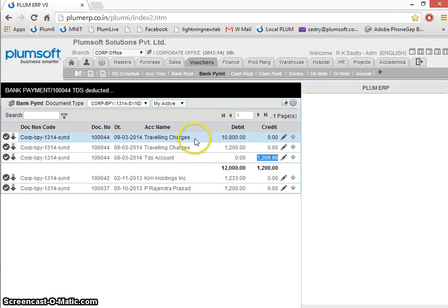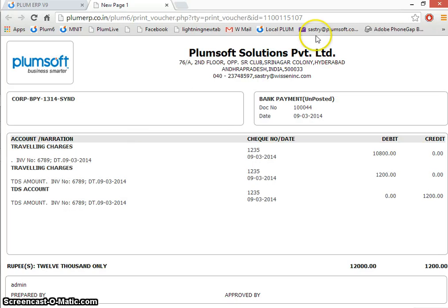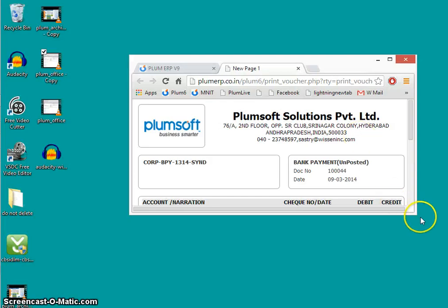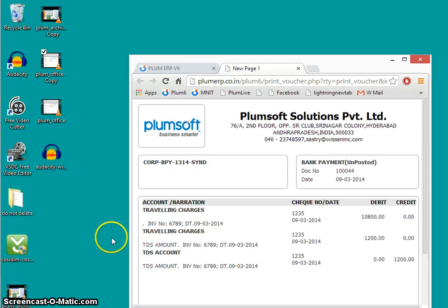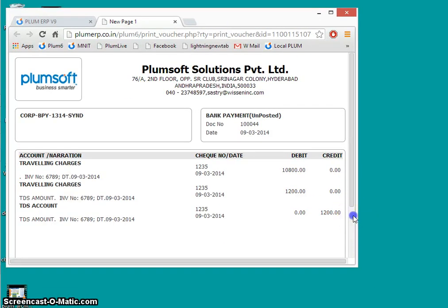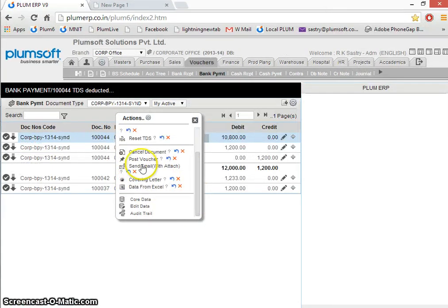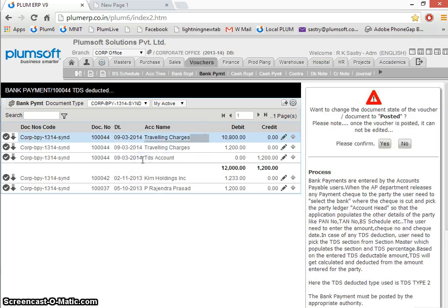If we print the voucher and see it, a typical voucher may look something like this, with the details. So let us now post the record. Posting is where the reverse entry, the double entry reverse, is created, and the respective record in the Syndicate Bank gets credited.